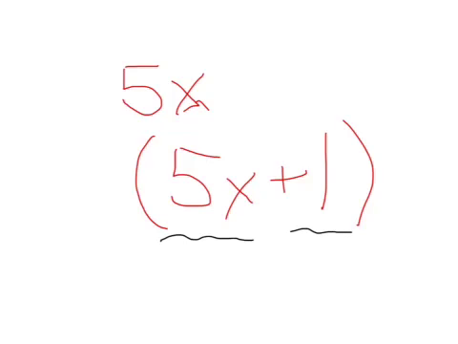So what happens when I multiply a monomial? So 5x times 1 is just 5. So multiplying binomials, it's different.